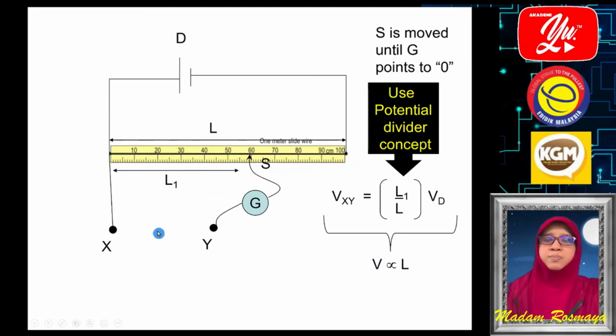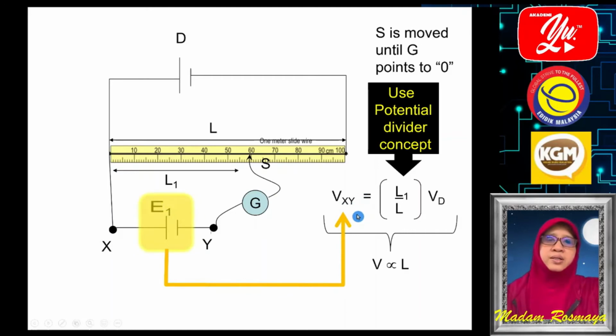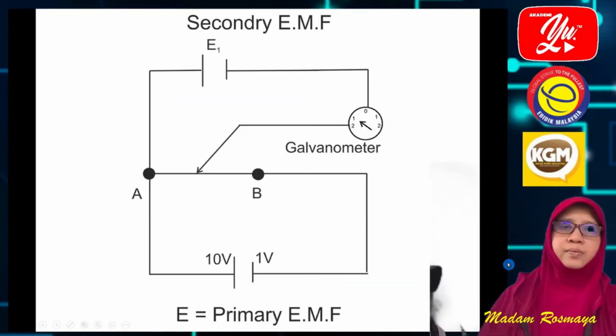So we can put whatever load here where we are going to measure the potential difference across it. For example, if we want to measure the potential difference across another cell, an unknown cell, let's say E1, you can put it in between X and Y. So you can get the reading and calculate the value of E1 by using the formula L1 divided by L times VD.